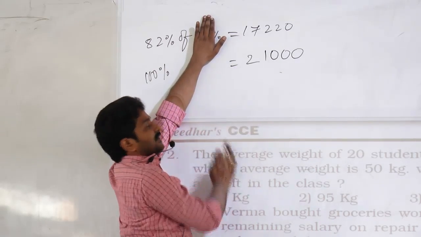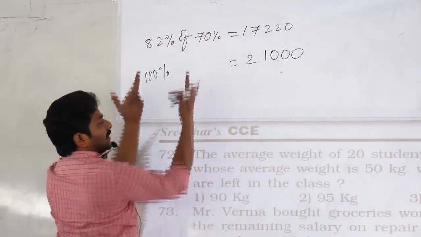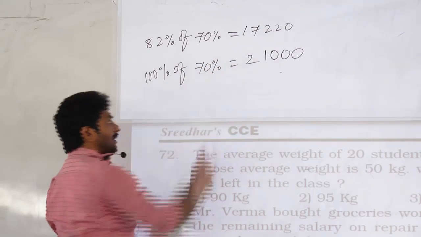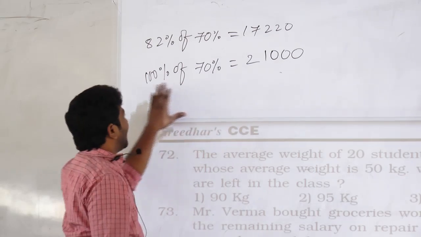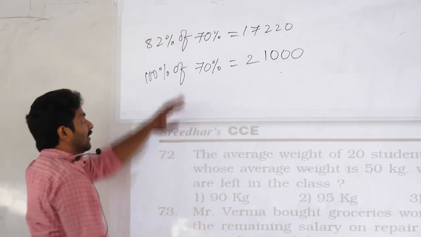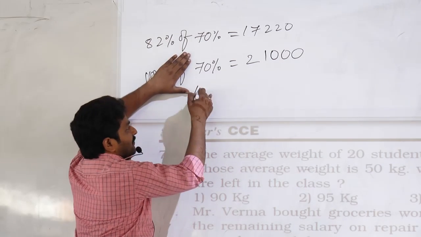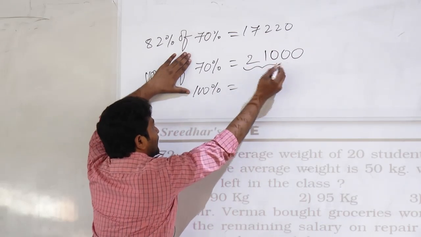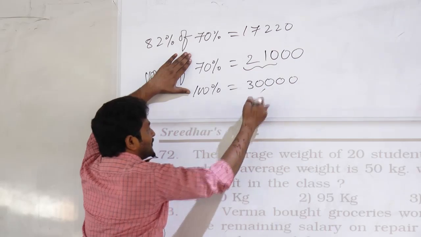82% is this much. 100% is equal to this much. 82% of what? 70%. 100% of what? 70% is equal to this much. 100% of 70% in the sense 70 only. Now you need not worry about it. 70% is this much. 100% is how much? 73 times 210, 00. 103 times 300, 00.